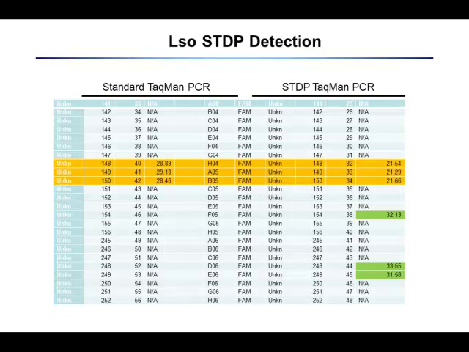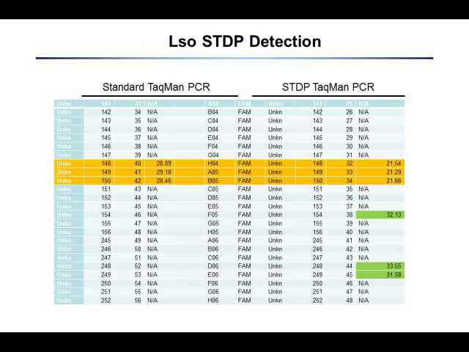Similarly, we compared the zebra chip samples, where you see here, the standard PCR detected three of these samples positive at 28 cycles, but the single-tube nested PCR detected them at 21 cycles. And here is a sample that tested negative, but the single-tube PCR can detect it as positive.